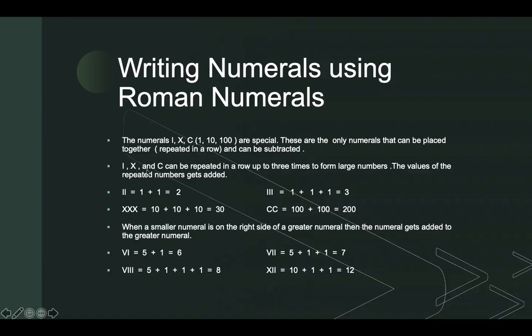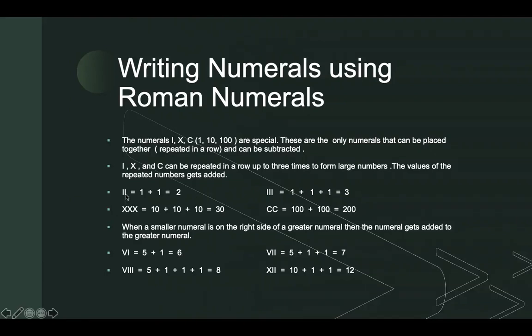I, X and C can be repeated in a row up to 3 times only to form large numbers. The values of the repeated numerals get added. Here are some examples in front of you. This is a Roman numeral and we have to find its value.